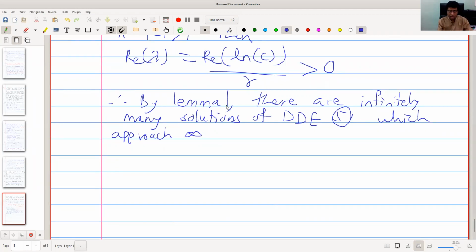We cannot expect stability in such a case. There are infinitely many solutions which are unbounded.